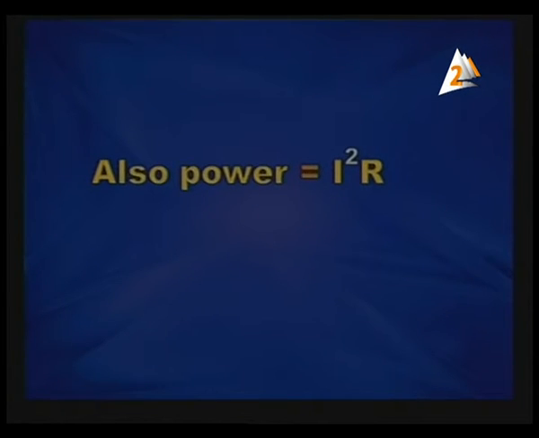Also, power is determined from the relation I squared R. If you remember, it was the current intensity I times potential difference, IV. And now the second expression is I squared R. Also it could be determined from the relation V squared over R. These are the relations that could be used for determining the power.